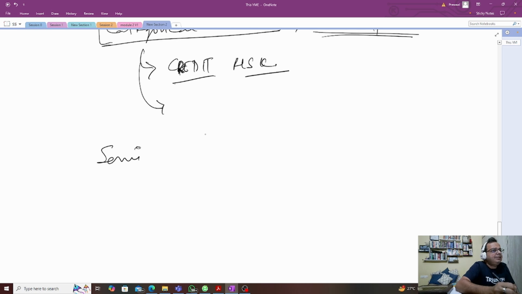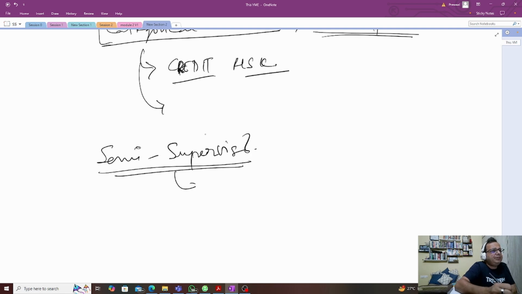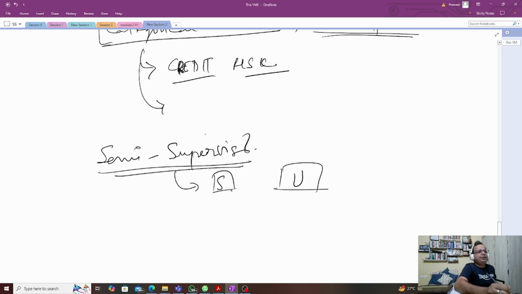The next one, the third category, is semi-supervised. Semi-supervised is nothing but a culmination of supervised and unsupervised. Generally in the real world, most of your data comes like your unsupervised data. But without domain experts and without supervision, it becomes very difficult for us to process that data or make sense out of it.